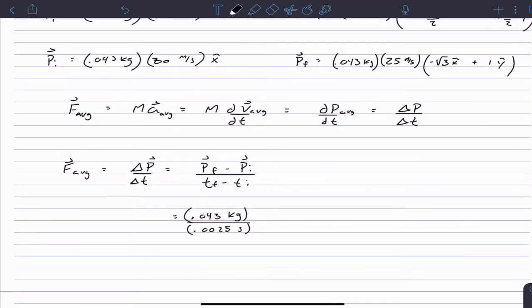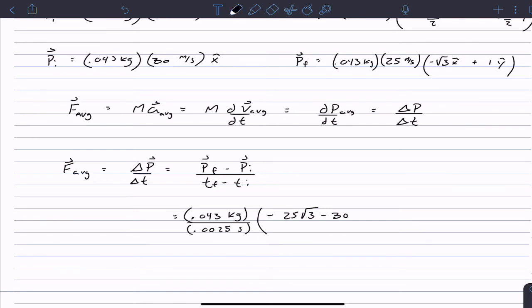And then so now we have just final x-hat minus initial x-hat. And that's going to give us what? Negative square root of 3 minus, what do we have here? Excuse me. Minus 25 times square root of 3 minus 30.